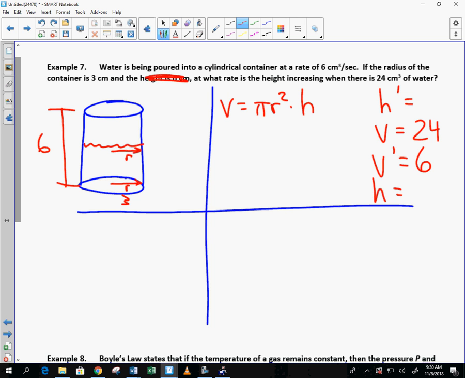Say it. Why not? Because it's constant. Exactly. You see it and you're like, I'd like to get rid of one of those. In this situation, you can, because the radius is not changing. So just plug it in right away. Therefore, the volume becomes 9 pi times h. Right, so much better, right?